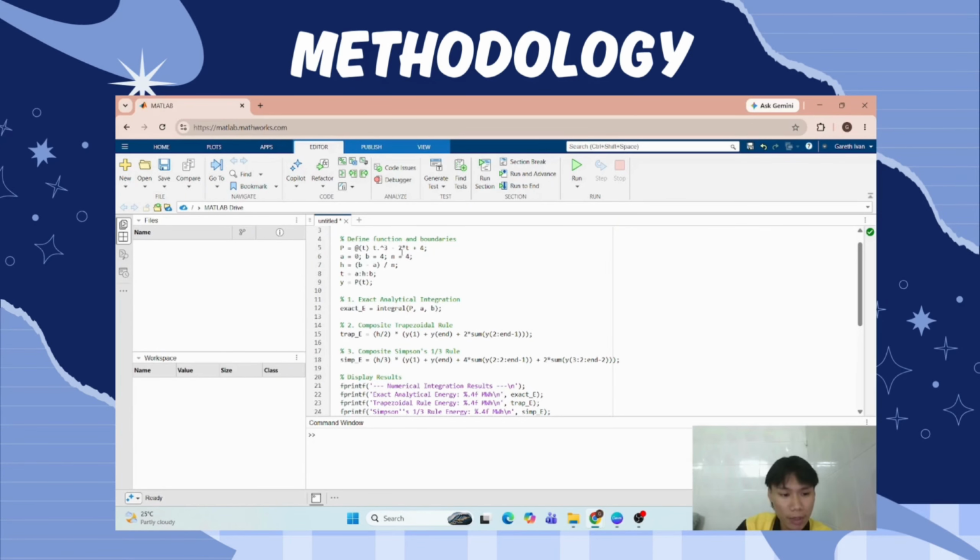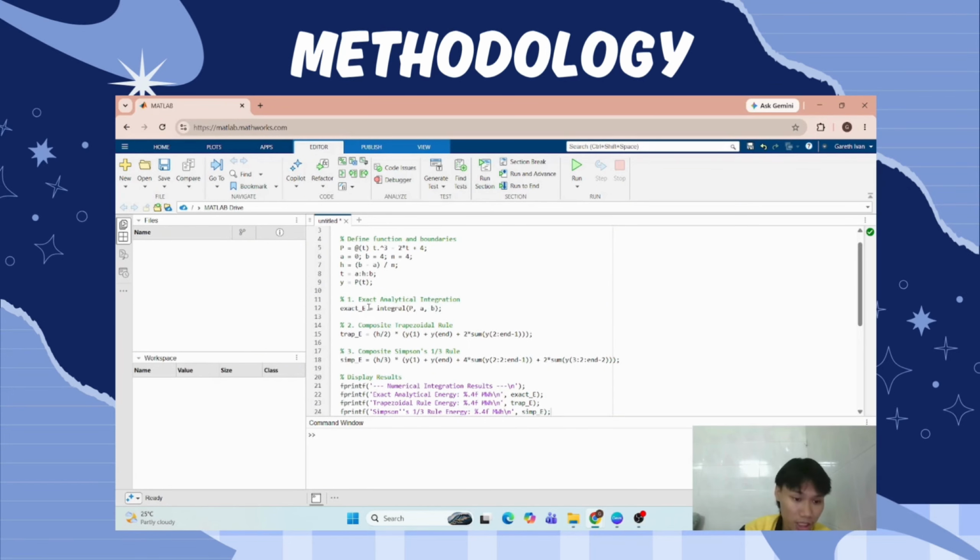Next, MATLAB calculates the step size h and generates the corresponding time points. The power values at each point are then evaluated using the defined function. For the first method, MATLAB computes the exact analytical integration using the integral function. This serves as the reference value for comparison. Then the composite trapezoidal rule is implemented using the numerical integration formula.